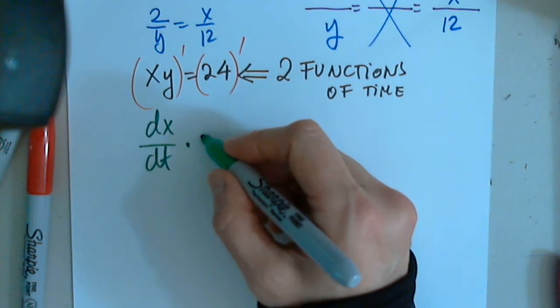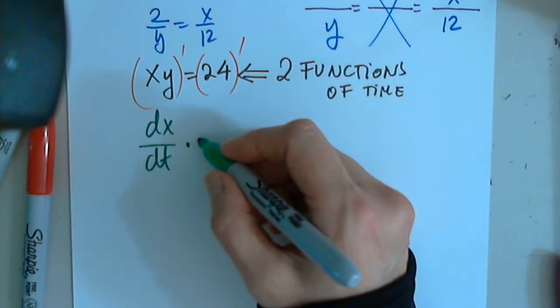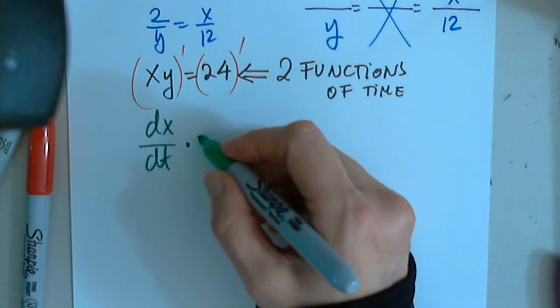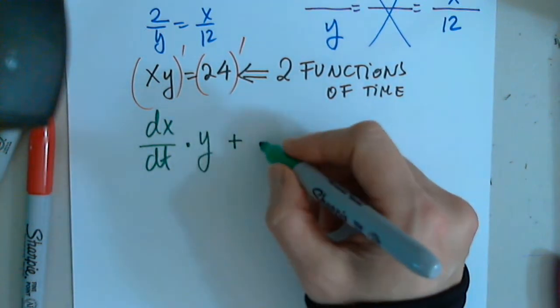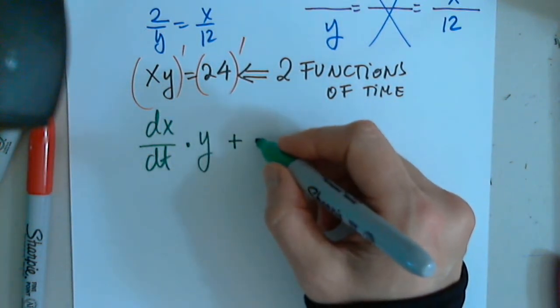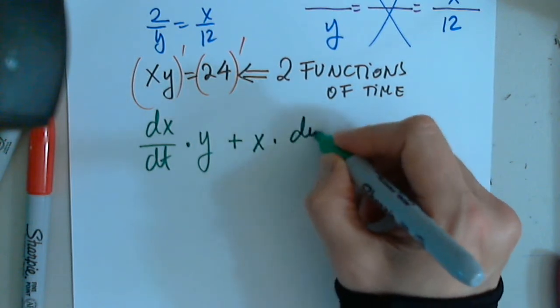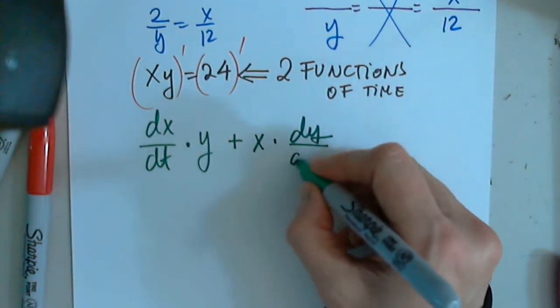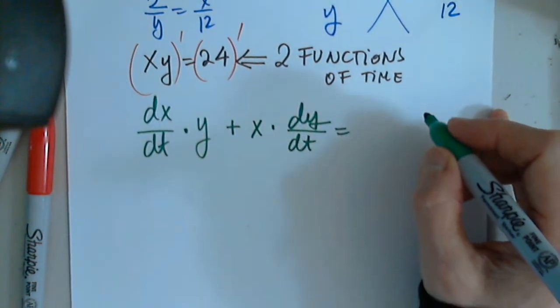Is that how we differentiate a product? This is y. Plus? X times the derivative of y. Not the derivative of y, be careful. dy over dt equals?